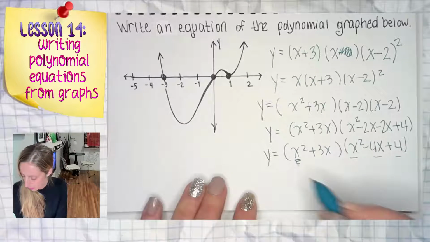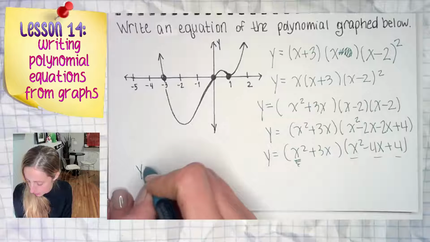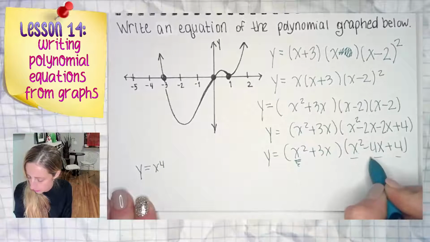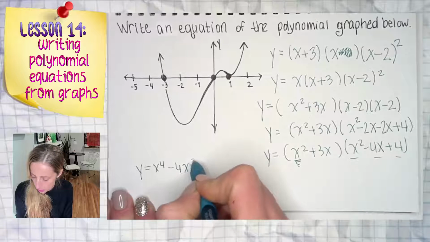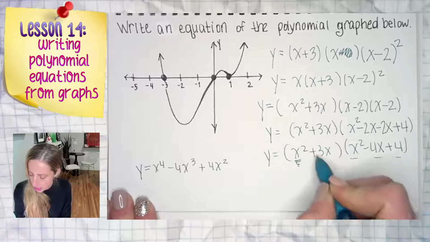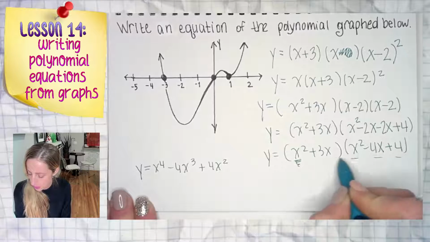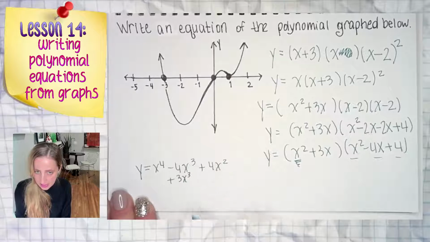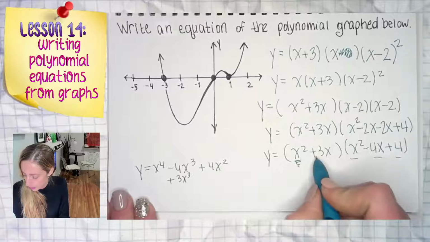Don't do that. So y equals, I'm just going to move myself over. X squared going all 3. We get x to the 4 minus 4x to the 3rd plus 4x squared. Lovely. Now positive 3x times this is plus 3x cubed. I'm going to put that right under here. I'm stacking it to combine like terms. You could put it next to it, but you mess up combining like terms when you do that.